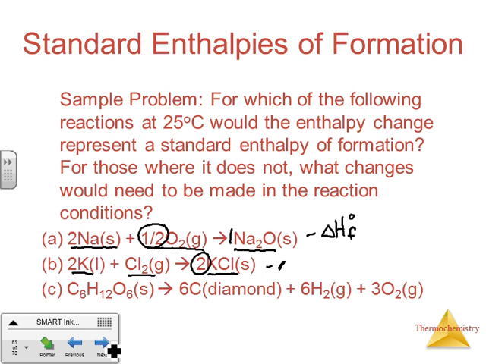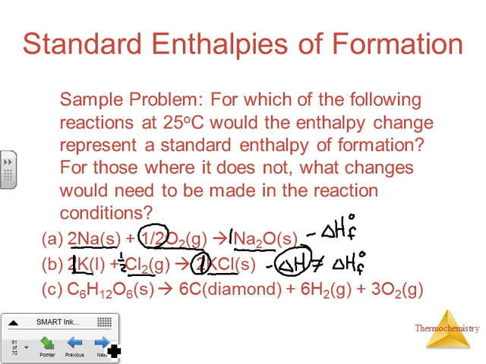So here, the delta H does not equal the heat of formation, okay? We would have to change this thing so that this was a 1 coefficient, this is a 1/2, and this is a 1. Okay, and if we did that, then it would represent a heat of formation. But right now, this delta H is going to be twice as big as the heat of formation.